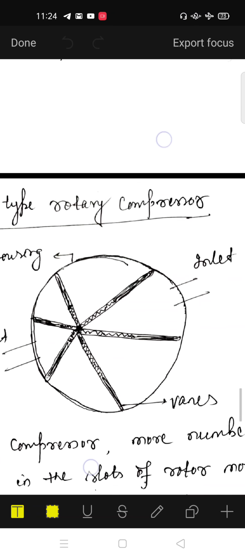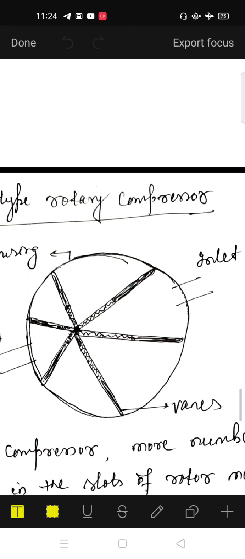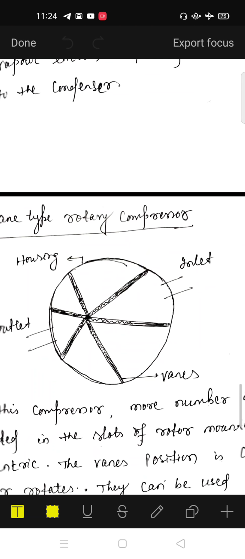Can you see here? There is a spring attached to the vanes. Means the vanes will rotate, and automatically the blades will compress and expand according to the shape or size of the housing.